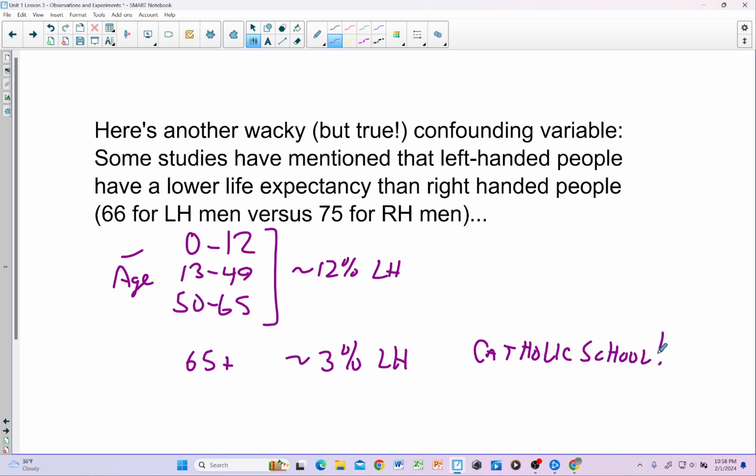Catholic school. A large proportion of the people in that 65 plus age group, there was a much greater proportion of them that went to Catholic school. And not only that, but if they're over the age of 65 now, then they were in grade school back in the 60s, 70s, right? And at that time, and prior to that, it was very commonplace to ensure that people were right handed.